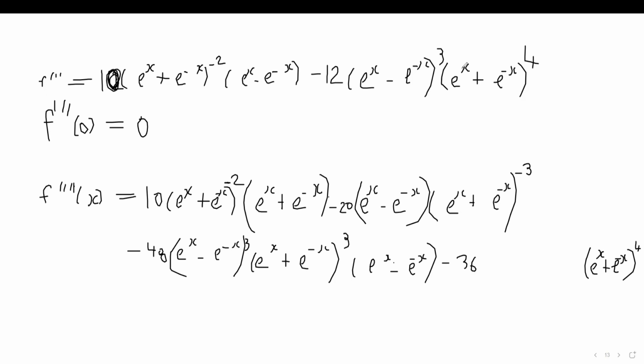Subtract 1 from the power, that's e to the x minus e to the minus x squared, multiplied by the derivative inside the bracket, which is this. So we can change this 4 to 5. All right, so done now, Kevin.